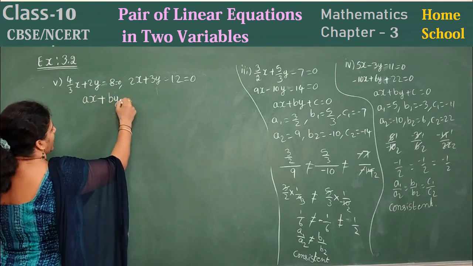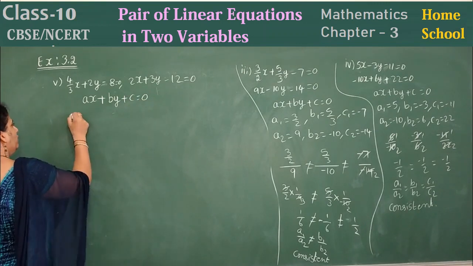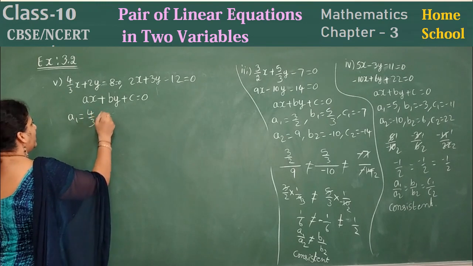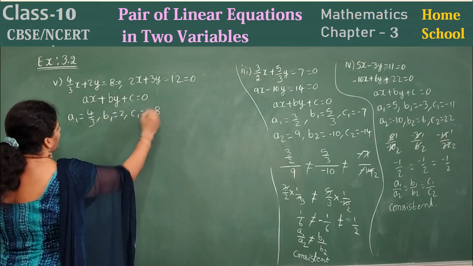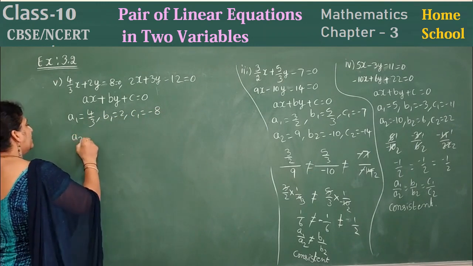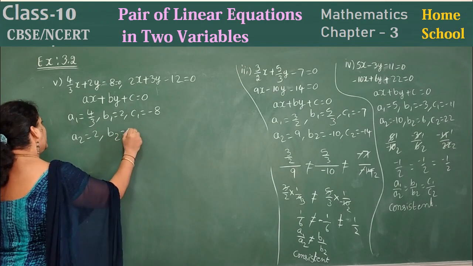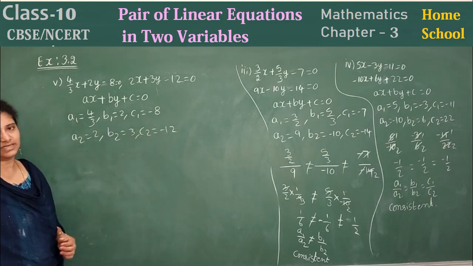This is ax plus by plus c equal to 0. First equation: a1 is equal to 4 by 3, b1 is equal to 2, c1 is equal to minus 8. And the other equation: a2 equal to 2, b2 equal to 3 and c2 equal to minus 12.